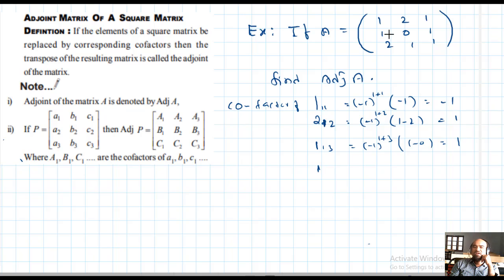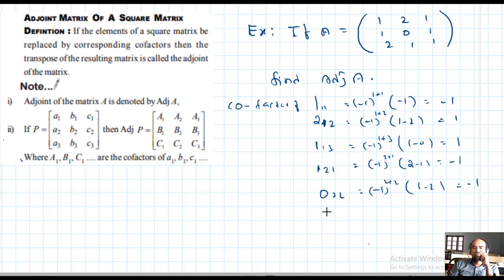Next, position 2,1 equals minus 1 power 2 plus 1 times 2 minus 1, which equals minus 1. Next, position 2,2 equals minus 1 power 2 plus 2 times 1 minus 2, which is minus 1.